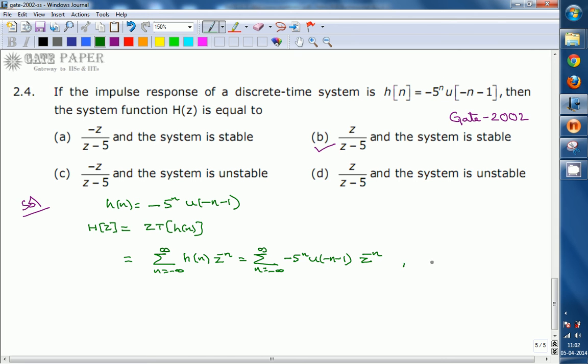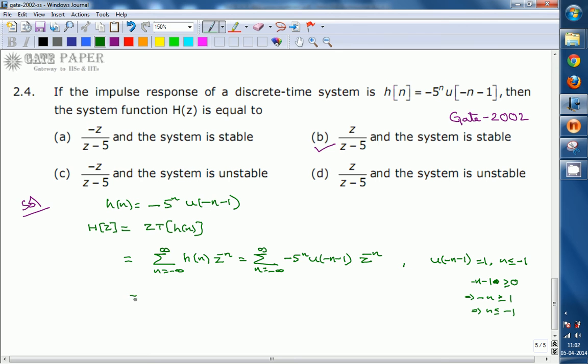Here u of minus n minus 1 is 1 for n less than or equal to minus 1. How do we get this? Minus n minus 1 greater than or equal to 0 means minus n greater than or equal to 1, which is n less than or equal to minus 1.